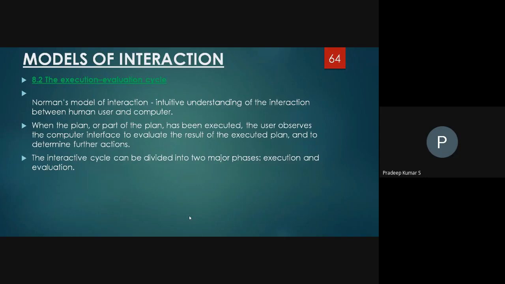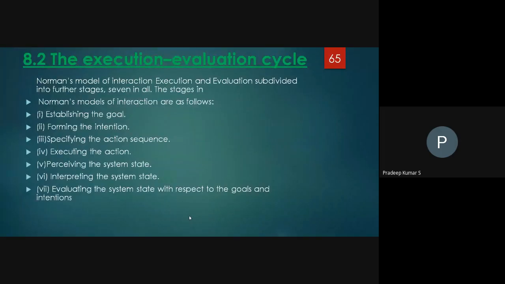The major things are the execution and the evaluation. Execution means we execute: I give the input to the system and get the output. Evaluation is whether that output satisfies all the criteria for the user requirement or not.